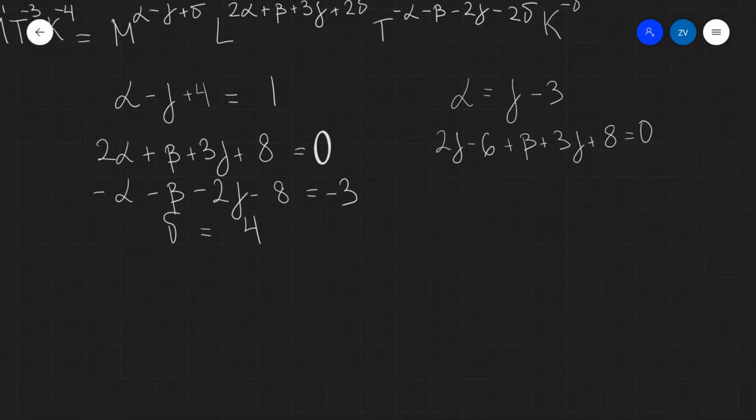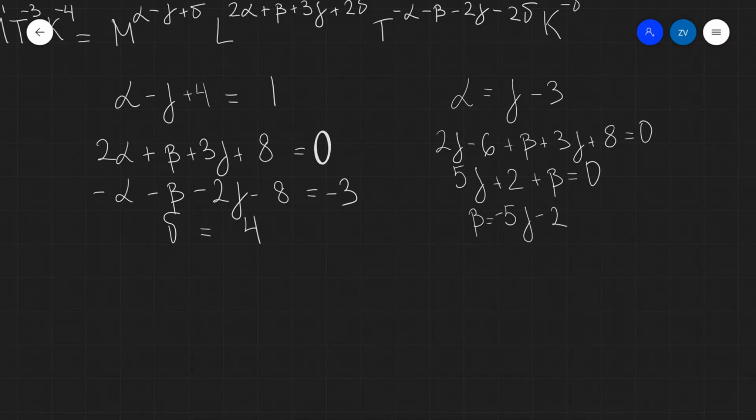So 2 gamma plus 3 gamma is equal to 5 gamma. Minus 6 plus 8 is going to give me plus 2, like so. And finally, we have plus beta remaining. Now, all I'm going to do is just rearrange for beta, and I'm going to get that beta is equal to minus 5 gamma minus 2.